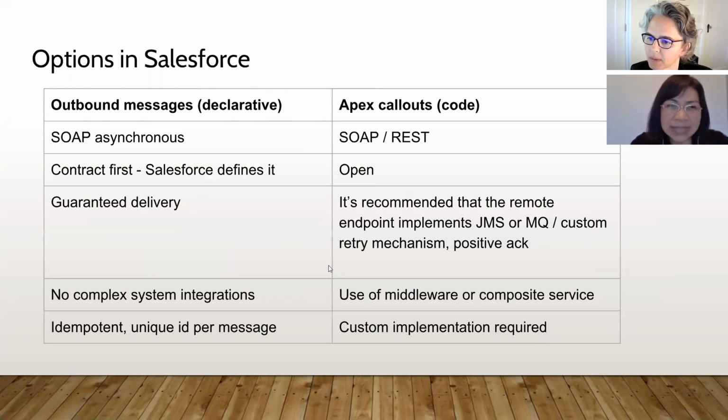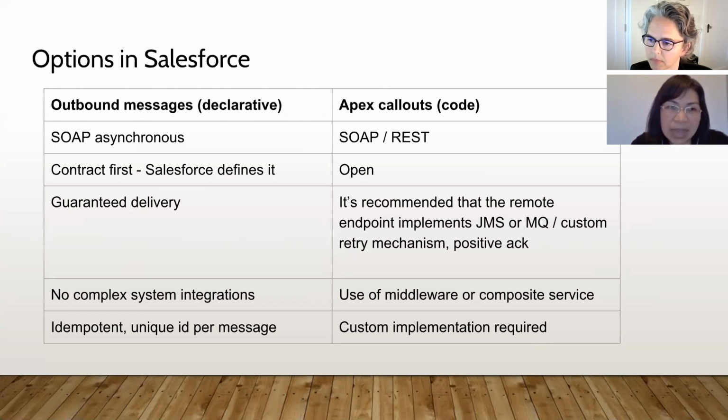So basically in Salesforce, we have these 2 options to do the integration between Salesforce and a remote system. The first one is outbound messages, and this is basically a declarative way to do it. And the second way is with code, with Apex callouts. So we are going to compare both, and in the following solutions, we are going to take into account the characteristics of both.